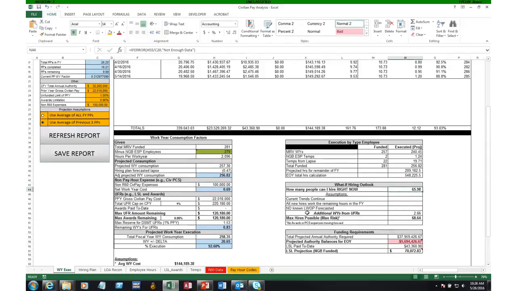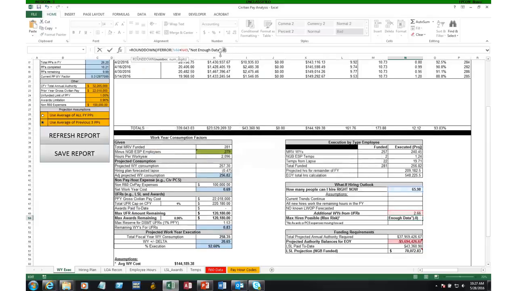Again, if I were to say no more awards, no more nothing, no PCSs that are funded out of lapse rate, I could add another 2.66, which gives me this total of 68.64 people that I could hire. Obviously, you're not going to hire 0.64 people, so that would be a rounded down number. And in fact, I'll do that right here, round down, because rounding up is not realistic.